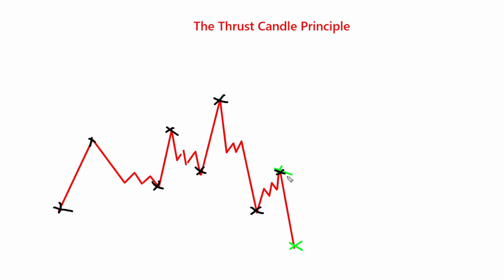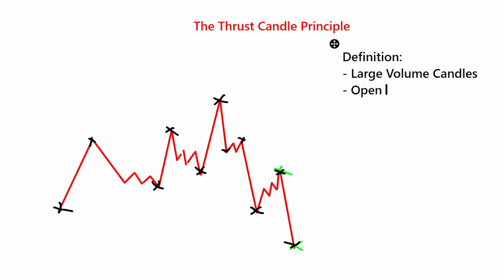So let's denote the swing points first, just like this. And now we'll get through the thrust candle example, and after that we're going to be going into the charts because they're actually quite easy to identify. So definition for the thrust candle, once again: large volume candles opened above or below swing points, close beyond them.